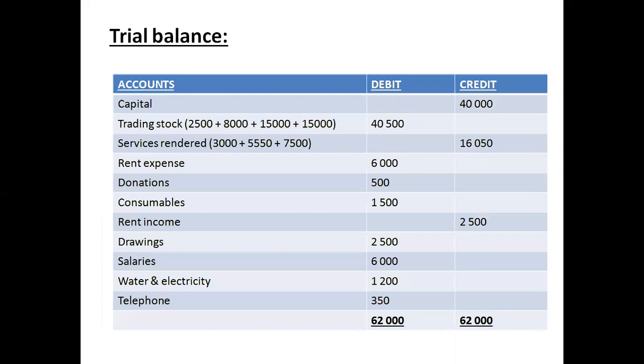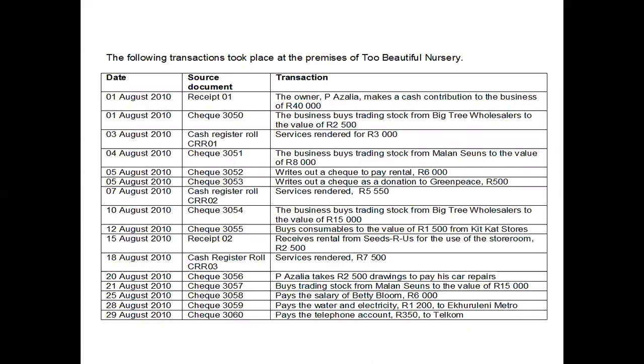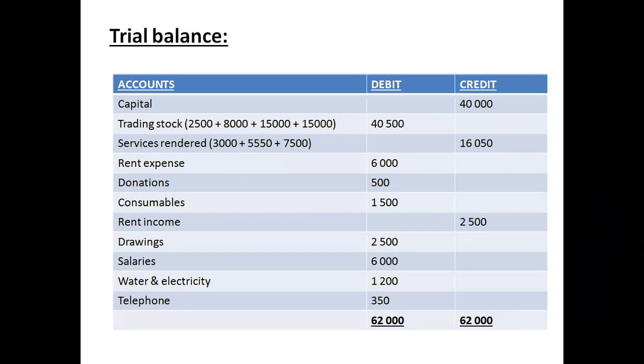And then the last one there, pays the telephone account, 350 Rand to Telkom. So it's telephone, 350. Telephone is an expense, therefore also on the debit side. Telephone, 350 Rand.